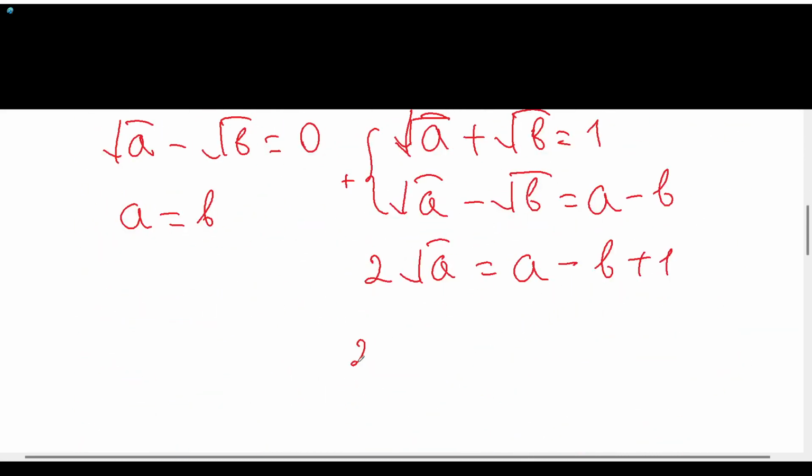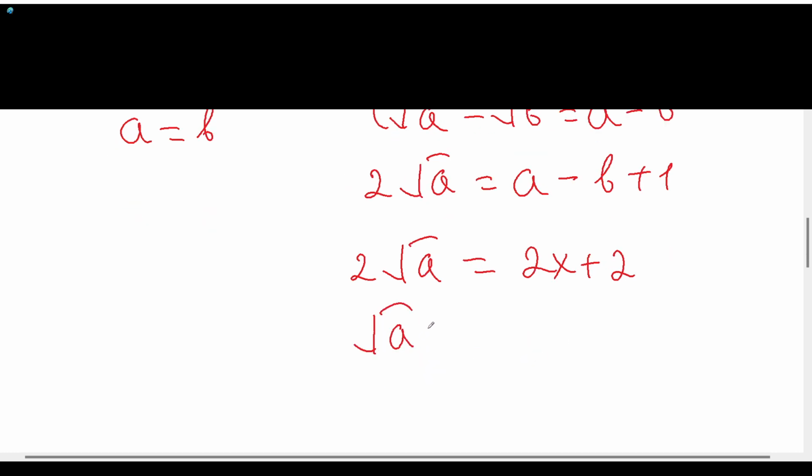Here, 2 square root of a will be equal to 2x plus 1 plus 1, and this will give us plus 2. And we can divide it by 2. Square root of a has to be equal to x plus 1.